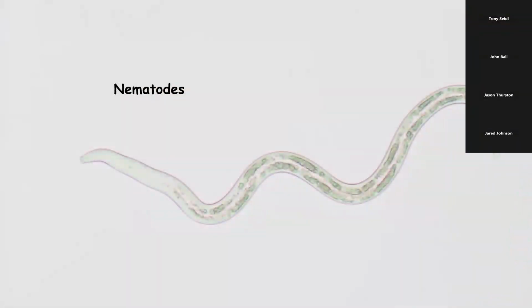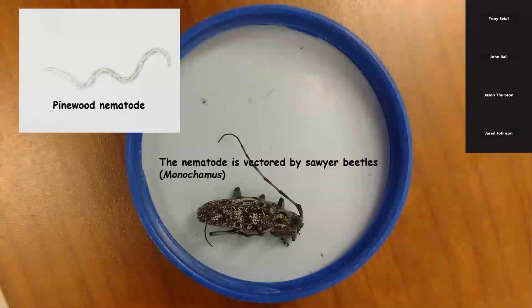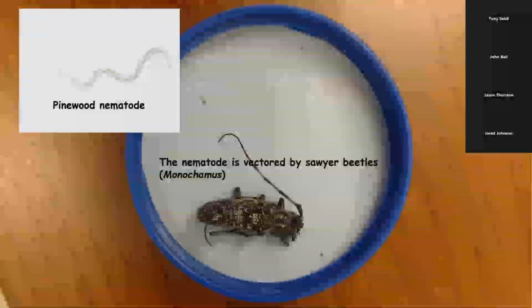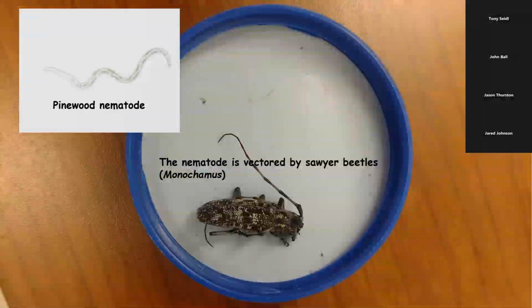And you need the correct nematode, by the way. We can find lots of nematodes in trees. Many are algae feeders and really not doing any damage, but this pine wood nematode certainly is a pretty good killer, and it's vectored, carried by Sawyer beetles from its dead host over to a new host, and it does that in the spring.